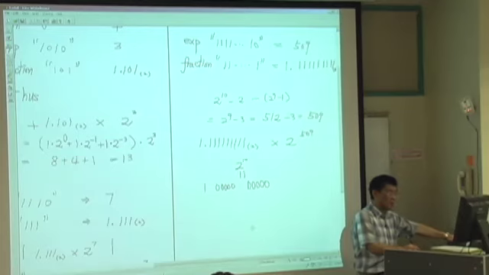Assume that you have 1, 0 in binary representation. In decimal representation, it's 2 to the power of 1, right? If you have 1, 0, it's 2 to the power of 1. If you have 2 zeros here, then we have power 2. Assume that you have 10 zeros here, then it's 2 to the power of what? 10.